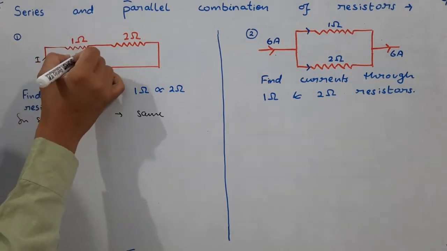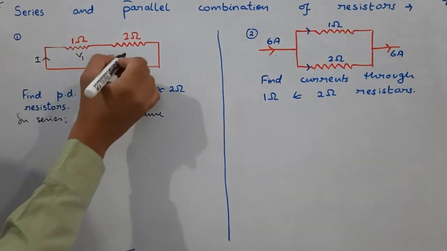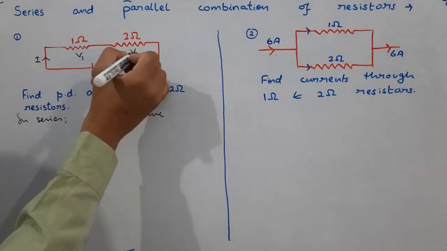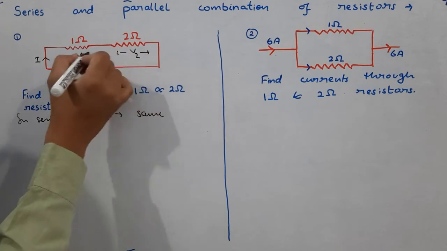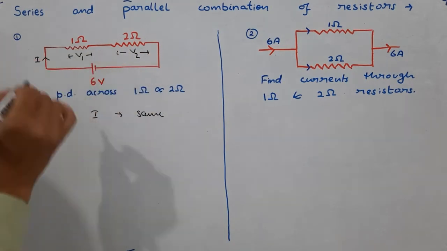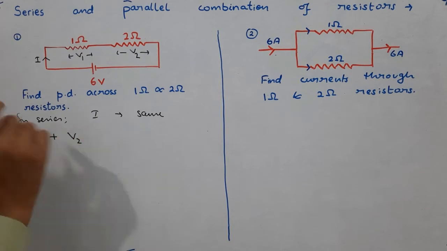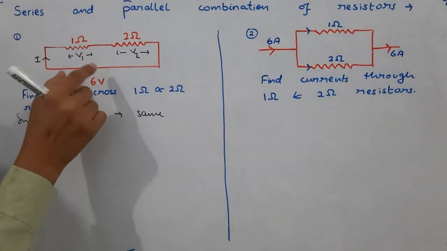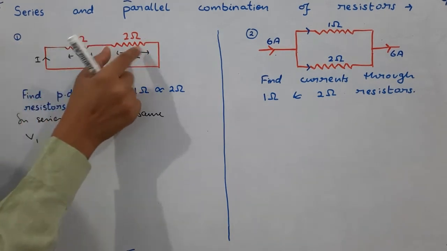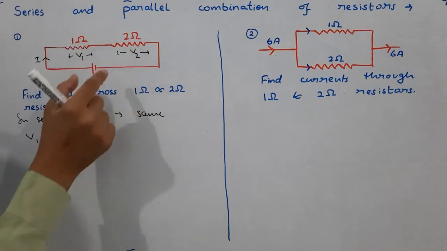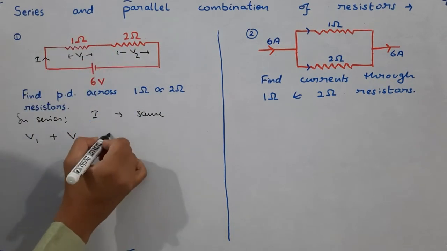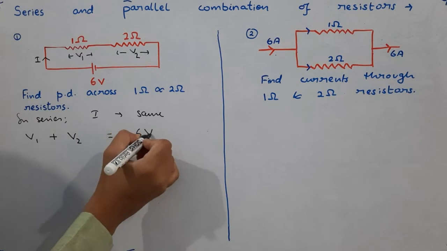Let the potential difference across the first resistor be V1 and across the second resistor it be V2. Now tell me, students, what will be V1 plus V2? We know in series combination, the sum of the potential differences across the resistors is equal to total potential difference. So this is equal to nothing but 6 volts.